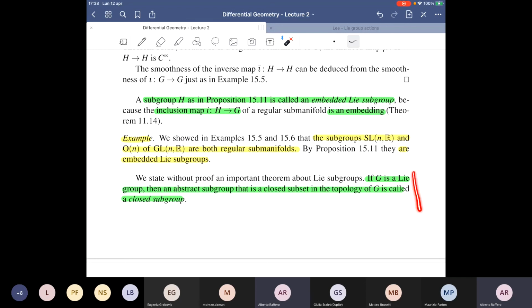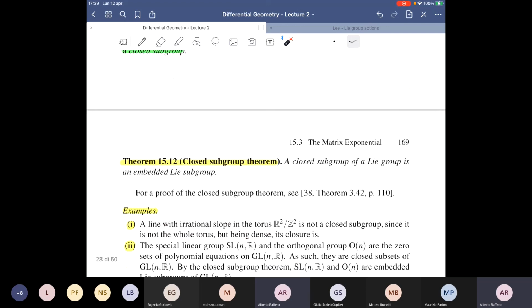So this really powerful result tells you that if you have a Lie group, then you can consider an abstract subgroup that is closed, meaning that it is closed in the topology of G, and you have for free that it is an embedded Lie subgroup.